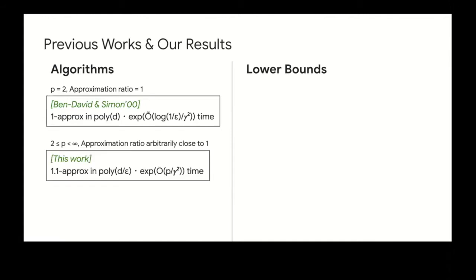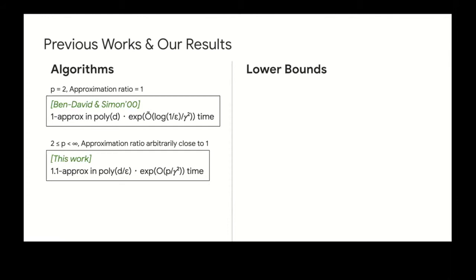What we show, however, is that if we allow a little bit of approximation ratio, which can be anything arbitrarily close to 1, but in this presentation I will just write 1.1, it's actually possible to do this 1.1 approximation in time poly(d/epsilon) times exponential in 1 over gamma squared. So in this viewpoint it is FPT in the parameter 1 over gamma.